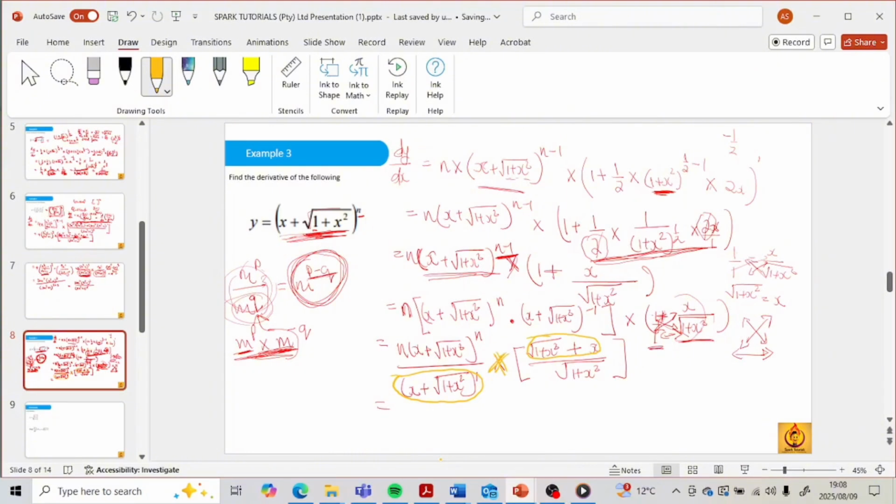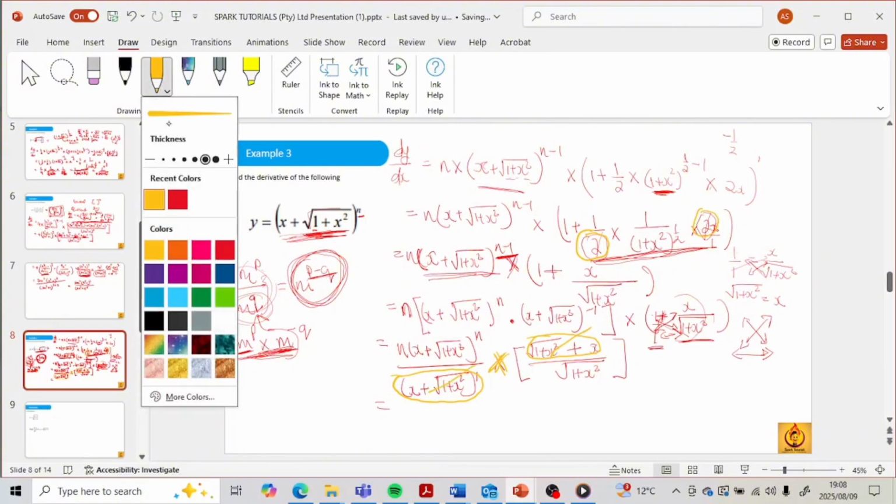It's not an addition sign, it's not a subtraction sign, it's a multiplication sign. So what happens in this case? If you have a multiplication sign and you have a denominator similar to the numerator of the term across it, just like we did here, they're going to cancel each other.